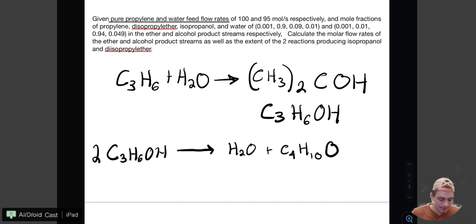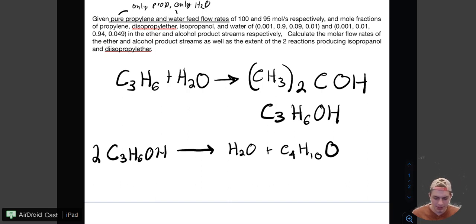So pure means that it's going to be only propylene and only water in those flows. And we're given their flow rates, as well as mole fractions of the alcohol and ether streams.